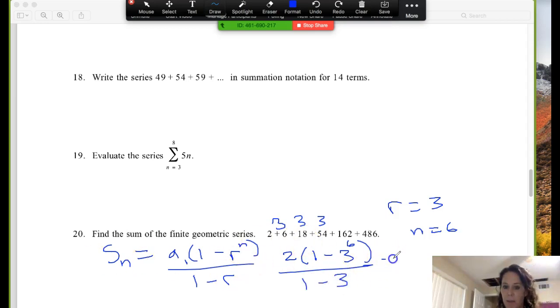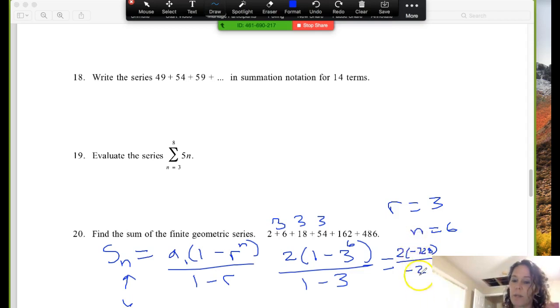And just do the math on this. This sums up the first 6 terms, n being 6. So I'm going to go 3 to the 6th power, which is 729. So this is going to give me 2 times, and if I go 1 minus 729, I'm going to get a negative number, so it's going to be negative 728, which you want to be negative, because look what happens on the bottom. 1 minus 3 gives you a negative 2, and then the negatives will cancel out.